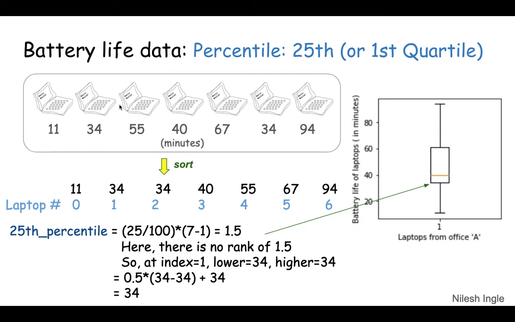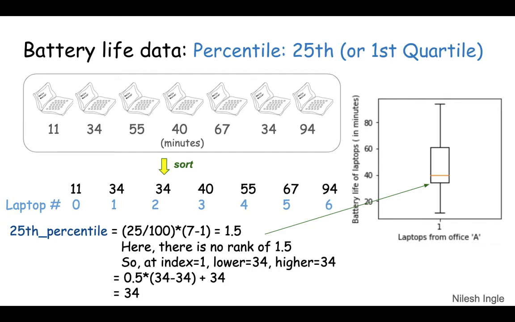Now again, we measured the battery life of these 7 laptops, and we sort them and arrange them in ascending order. Thinking in a Pythonic way, if we put them in an array, the first one would have an index of 0, so we label them as laptop 0 through laptop 6. Now to calculate the percentile, there are several methods.